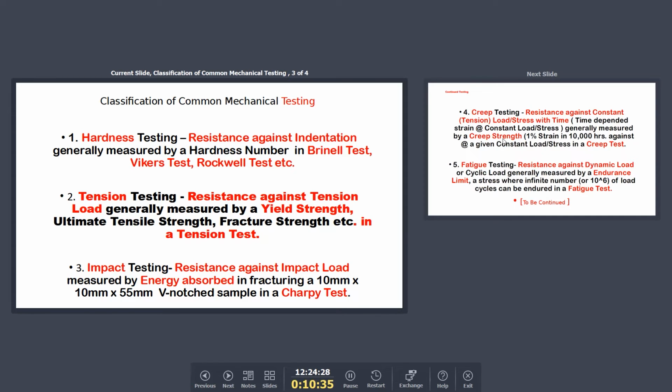It's a very important kind of thing because many materials are resistive to tension load, but cannot encounter the impact load. And so we have to think about this impact testing.